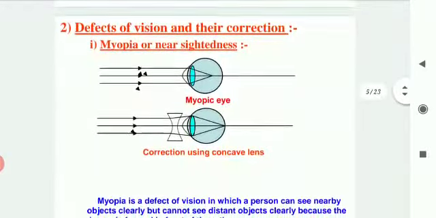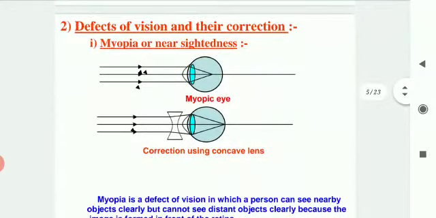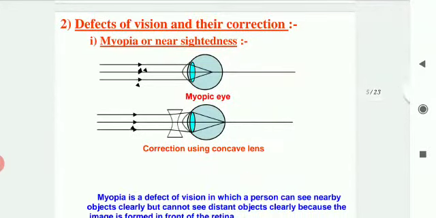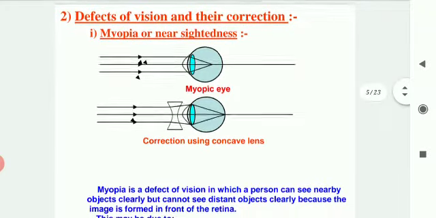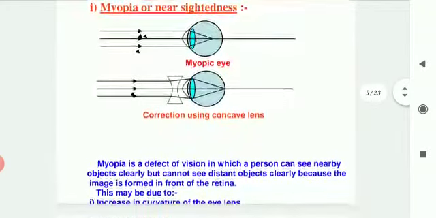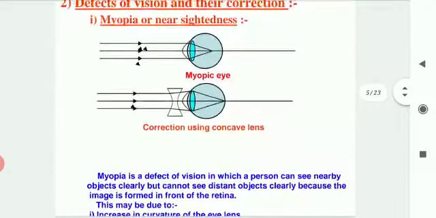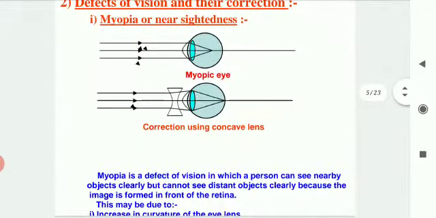Defects in the vision: myopia and hypermetropia. Both these topics have been eliminated from your course for this session, but you must remember, please go through the screen once. The defect and the correction: in a myopic eye, the image is forming in front of the retina, and the correcting lens is a concave lens.